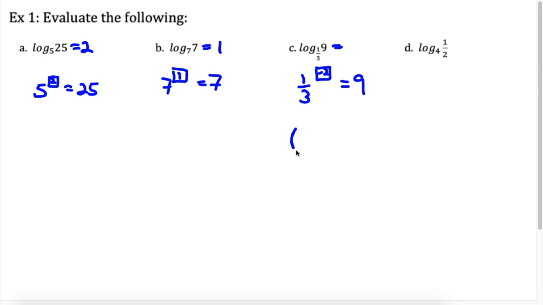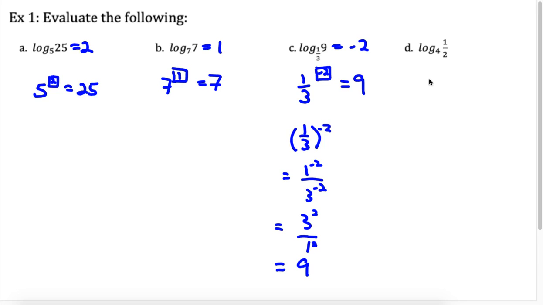So if I've got 1/3 raised to the negative second power, well, that would be like 1 to the negative second over 3 to the negative second. And we talked about if we have negative exponents, if they're in the denominator, bring them to the numerator and make the exponent positive, or if they're in the numerator, bring them to the denominator and make the exponent positive. Okay, so this would end up being 9 over 1. So 1/3 to the negative second power is equal to 9.